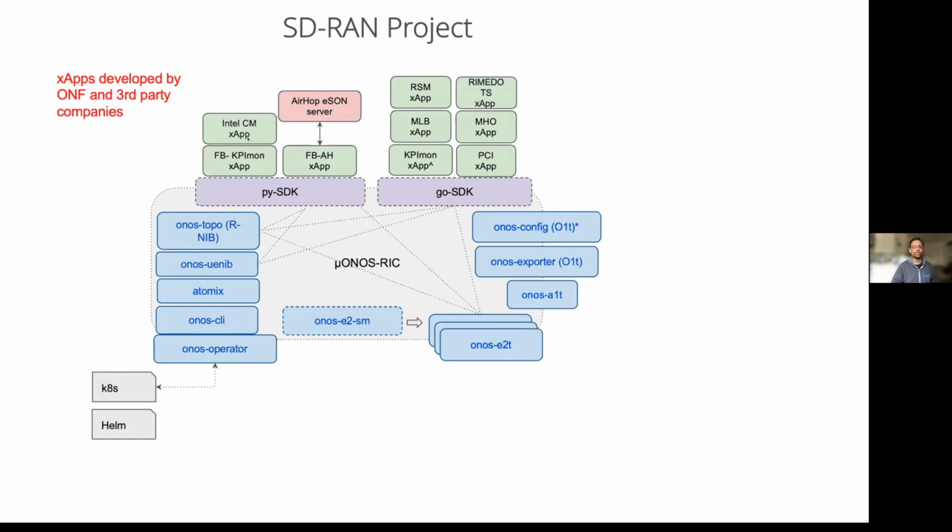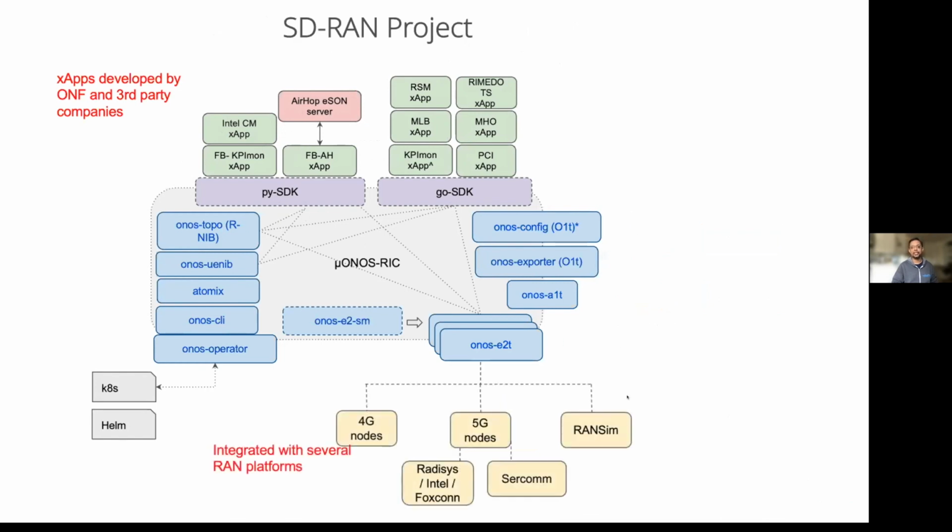So we have worked with Intel and Facebook and AirHop and Remedo, as well as developed a bunch of applications ourselves for different use cases, and then integrate again with a variety of RAN platforms, whether that's 4G or 5G platforms coming from different commercial vendors, or even on a full-fledged RAN simulator.